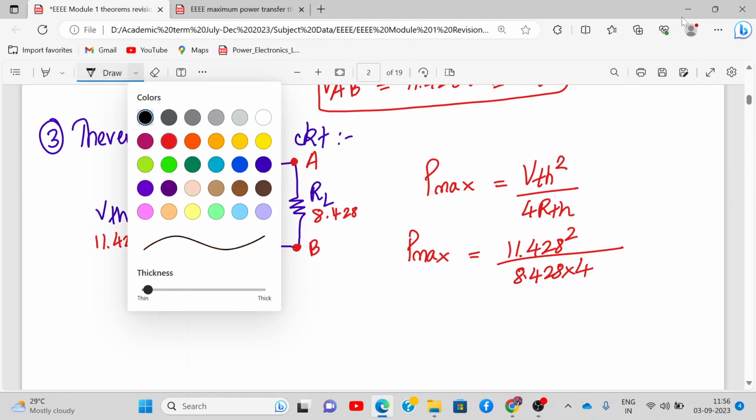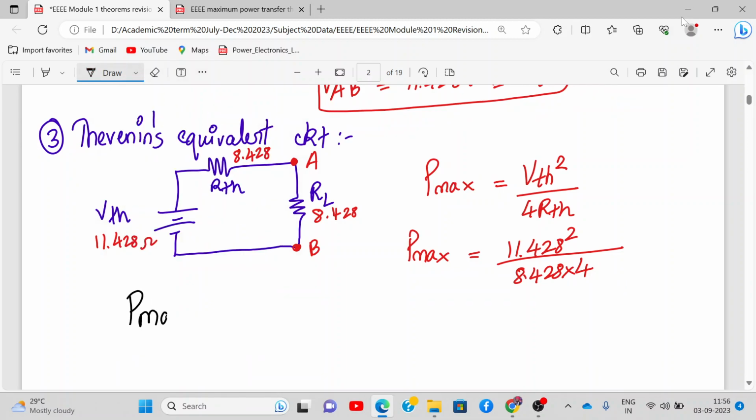Please calculate the value of P max and let me know how much it is. What is this answer? 3.873, 3.874.